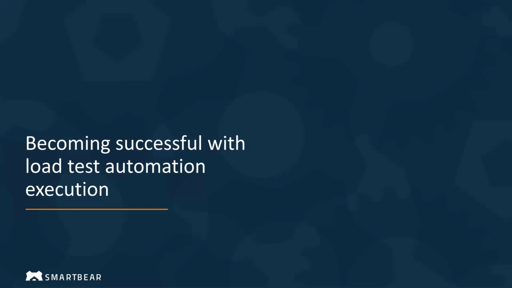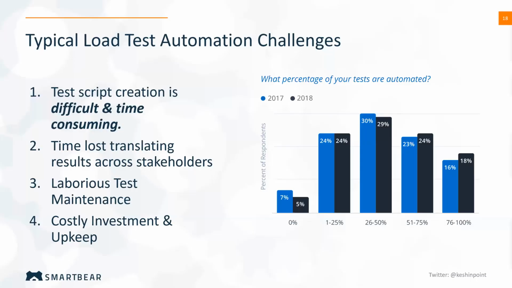The next topic that we're going to cover here is becoming successful with load test automation execution. So another thing that we notice is challenges as practitioners are something that you're going to face as you start the path to automating these test cases. So there are really a couple things that you have to take into consideration.